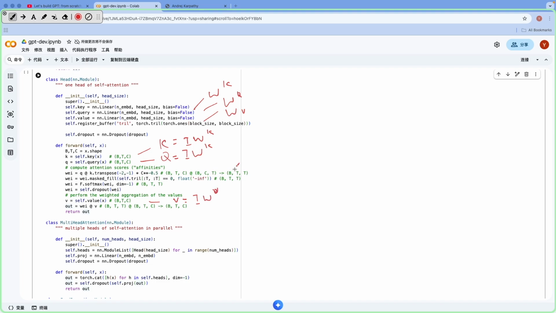The attention weight matrix is calculated by applying softmax to Q multiplied by the transpose of K, divided by the square root of d. And this value needs to be multiplied by the value matrix. So we get the result of a single independent head.